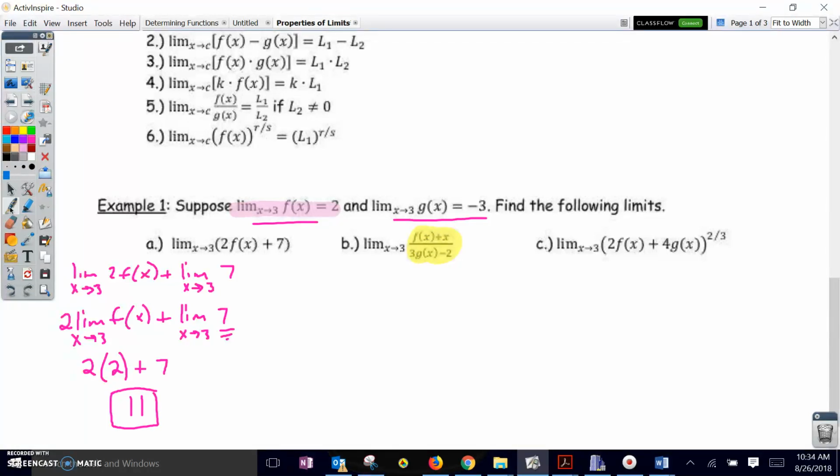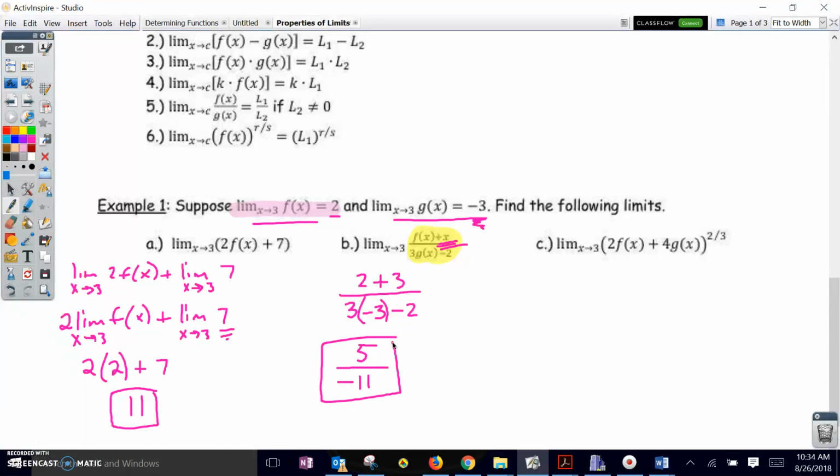And so to find the limit as x goes to 3 of f of x plus x over 3g of x minus 2, I'm just going to put 2 in here for f of x. Now what happens to x as x approaches 3? It approaches 3. 3 times g of x approaches negative 3. And so this ends up being 5 over negative 11.